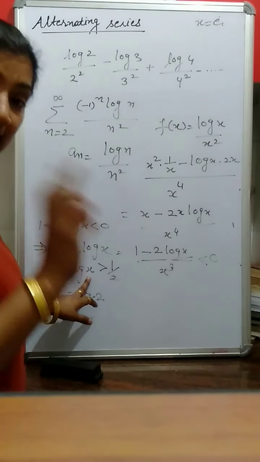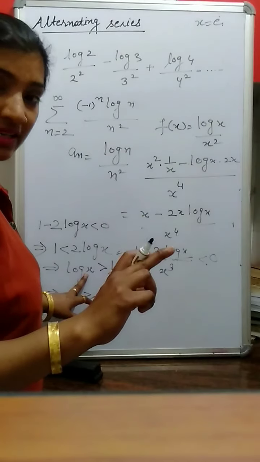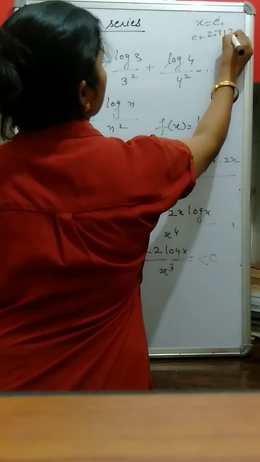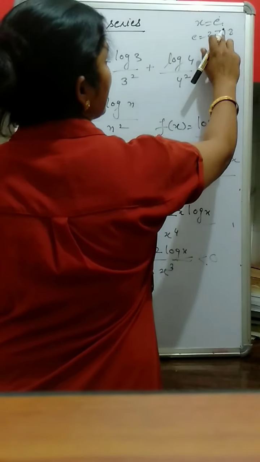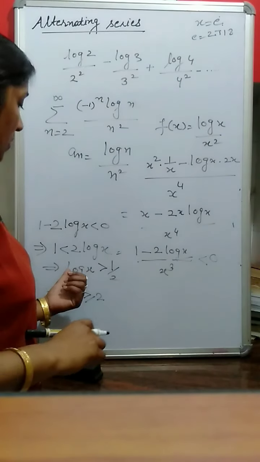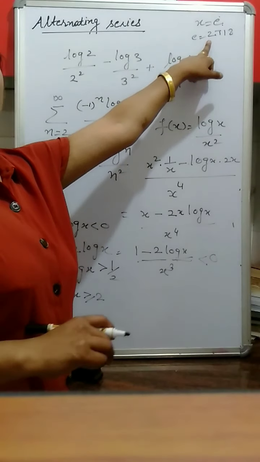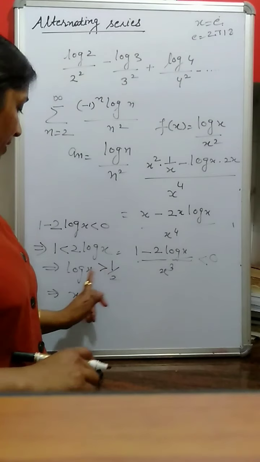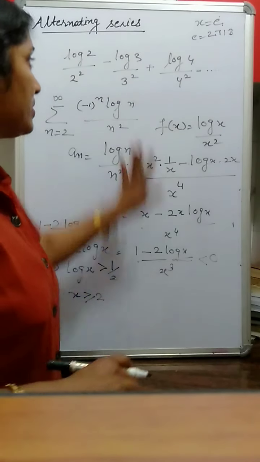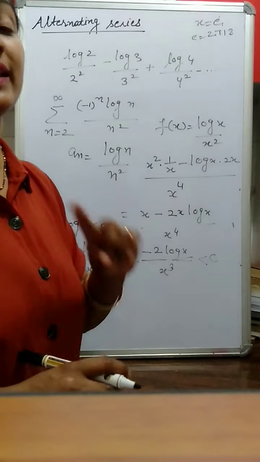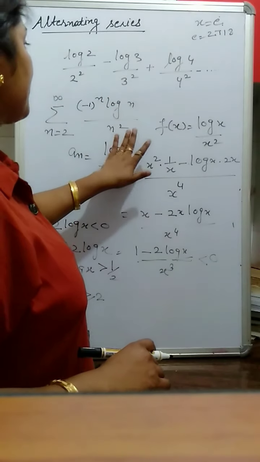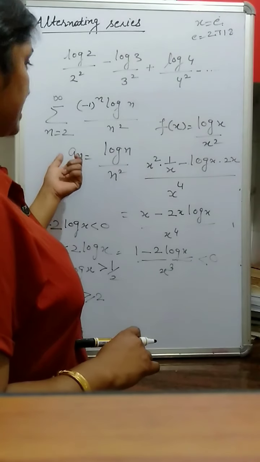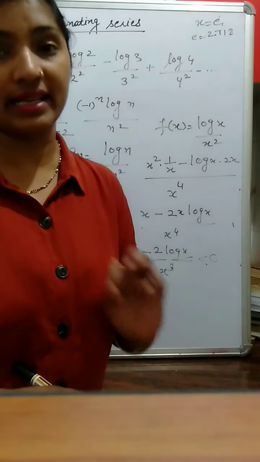Log of e is 1, and e is 2.718, so when x is greater than this number, log x is greater than 1. It means when x is greater than or equal to 2, log of x is greater than 1 by 2. So this function is monotonically decreasing when x is greater than or equal to 2. It means when n is greater than or equal to 2, the sequence a_n is monotonically decreasing.